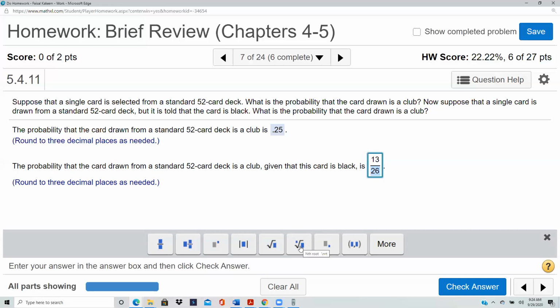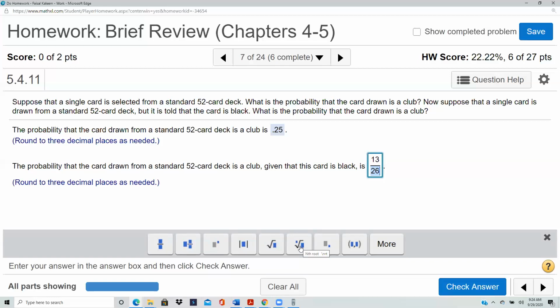Okay, I have a question. On mine, instead of given that it is a black card, it says given that this card is court. So tell me, which cards are court? Would it be out of the 3? So it's a jack, queen, and king that are court, right?